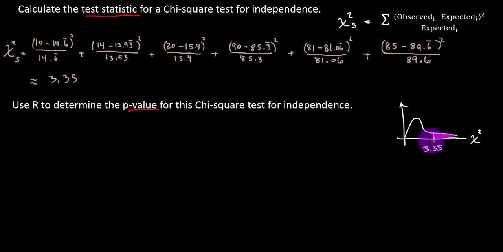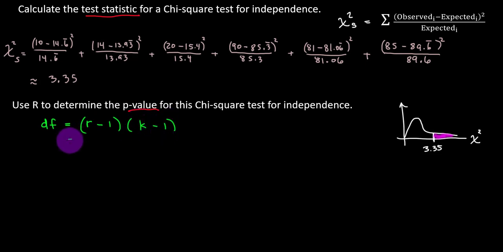So what is the degrees of freedom for this test? Remember, for the goodness of fit test, it was just categories minus 1. Here, we want to do that as well, except we have 2 categorical variables. So it is the number of rows minus 1 and the number of columns minus 1.